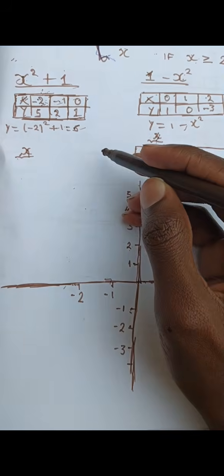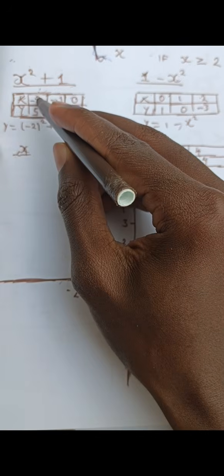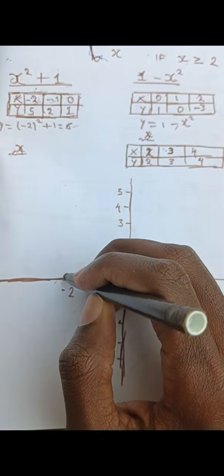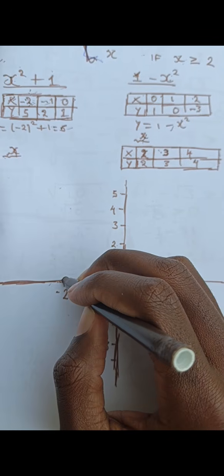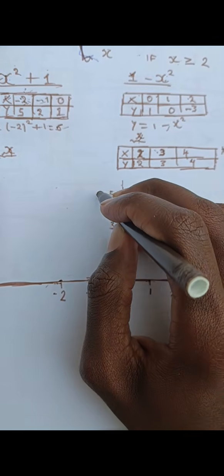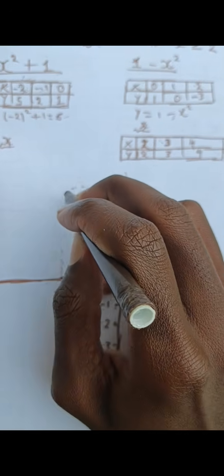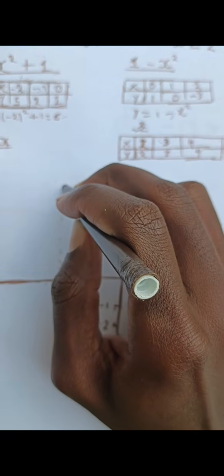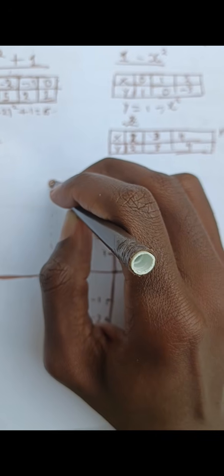Okay, so now let's plug in. Let's start with this one. We are starting from negative 2 to positive 5, so it is somewhere here. It is this coordinate, and it's going to be shaded.